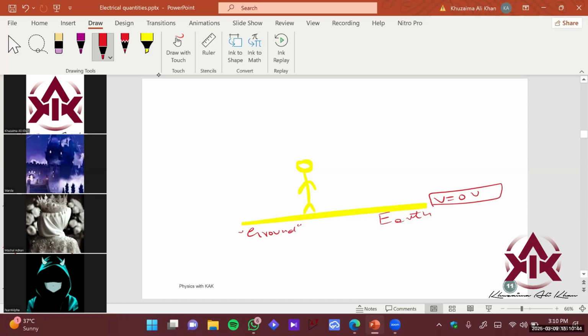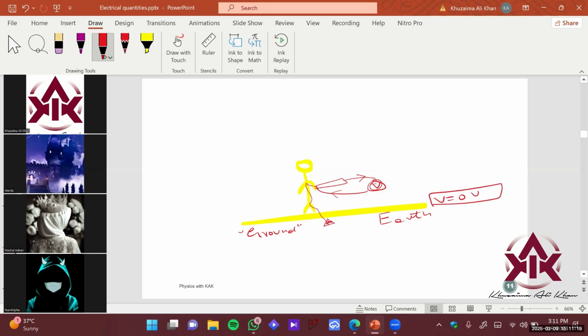So let's say you are holding a wire that has a continuous flow of charges. It is connected to a battery here, so it is allowing the current to flow. If you touch this particular wire, the current will flow through your body to earth, because earth is at ground voltage, that is 0 volts.